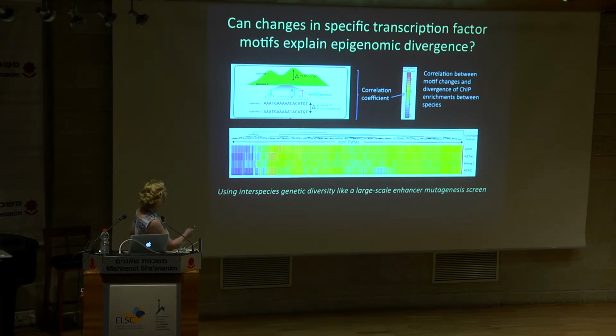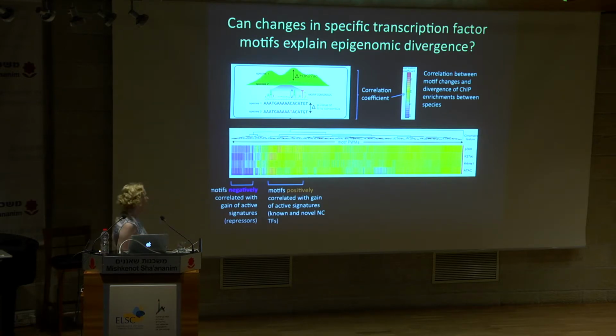And we can measure this quantitatively across different motifs and relate it to another variable, namely quantitative differences in epigenomic signatures such as K27 acetylation. And then we can correlate these two variables and derive correlation coefficient, and this is what's shown here in this heat map across different motifs and different epigenomic features.